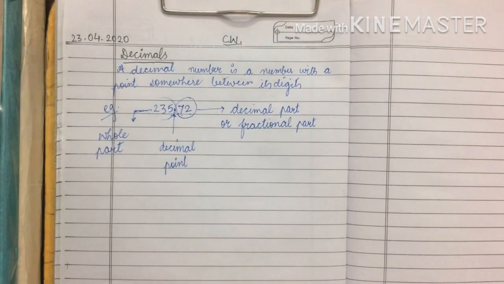You are familiar with this. Now something else that we know about decimals is that their place value table is not the same as a normal number. Let's make the place value table for a decimal number.